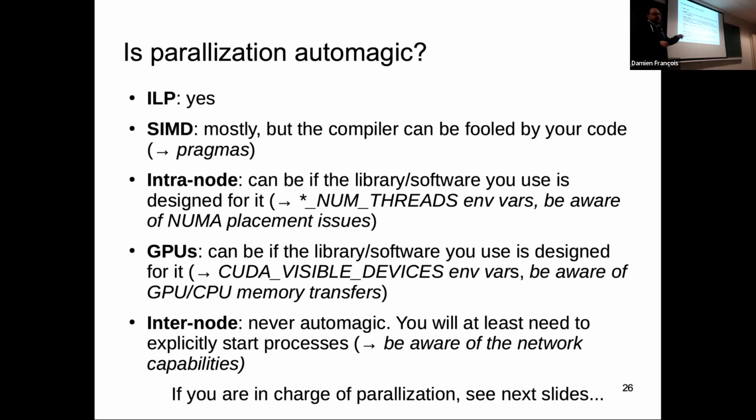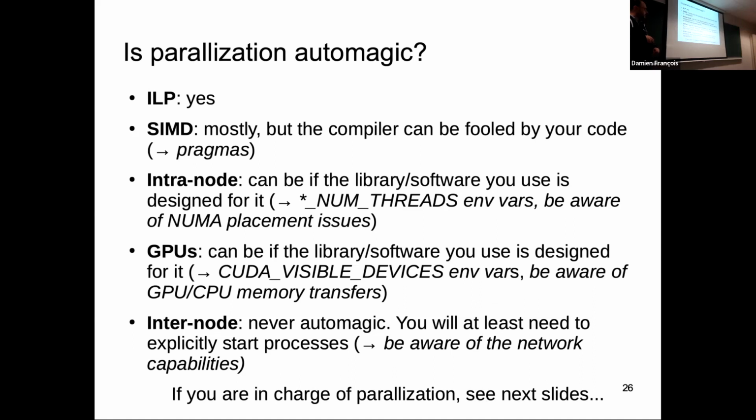And for internode parallelism, there is never an automatic way to make it work. So even if you are just a user and not a programmer, you will need to make sure that the program is explicitly started on multiple nodes. You need to be aware of the network capabilities: if you are on a cluster that has only a very slow network, you should not try multiple node parallelism.